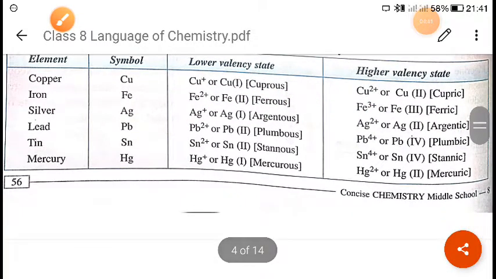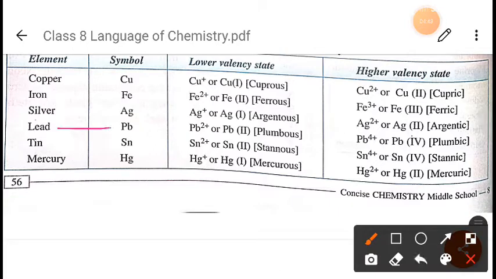Next is lead, its symbol is Pb, and it has two valencies, Pb2+ and Pb4+. When it is Pb2+, it is written as plumbous, and when it is exhibiting 4+, it is written as plumbic.